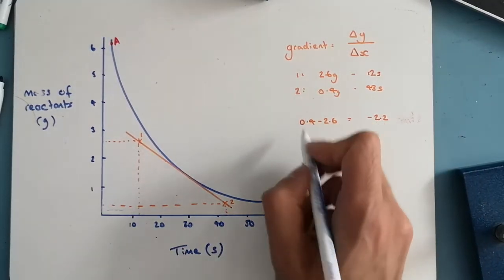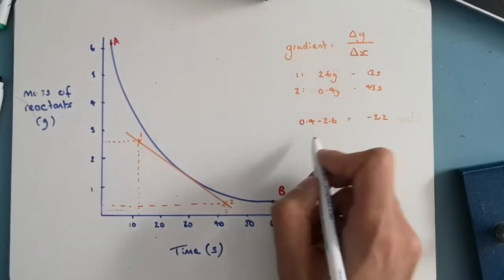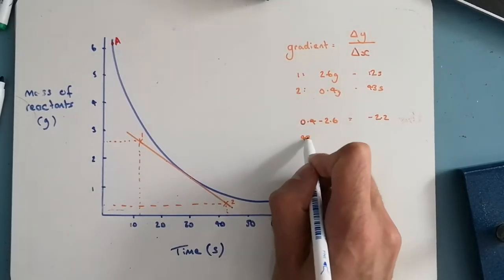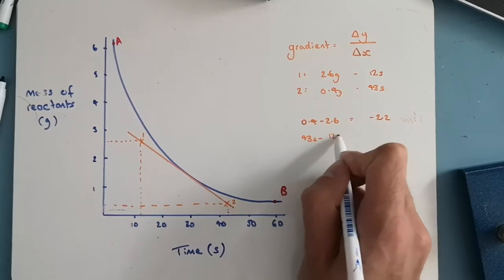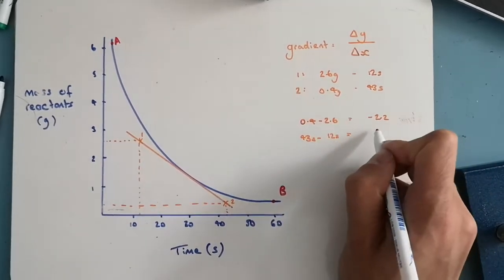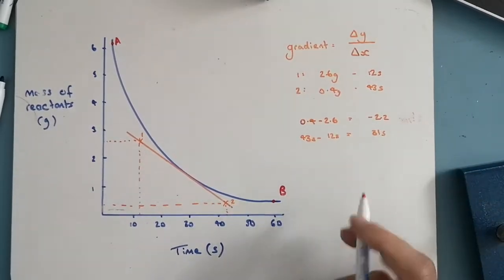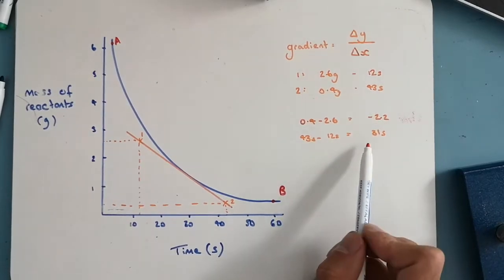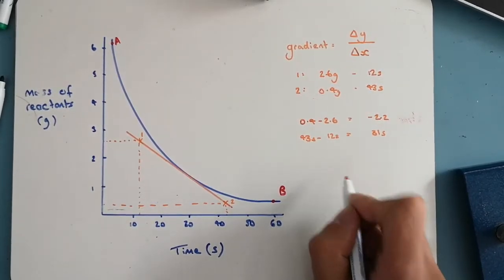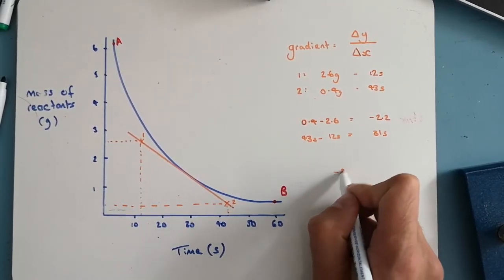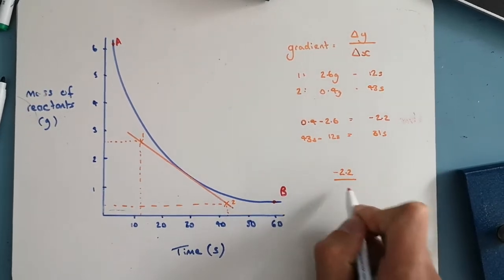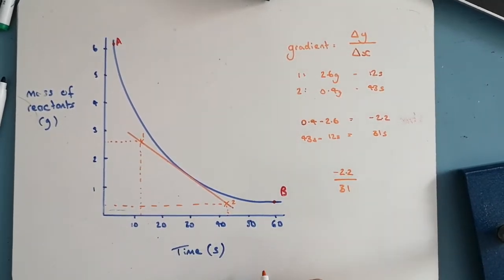Our change in x is 43 seconds minus 12 seconds, and that gives us, I hope, 31 seconds. So one a negative value, one a positive value. So then the gradient is minus 2.2 divided by 31.